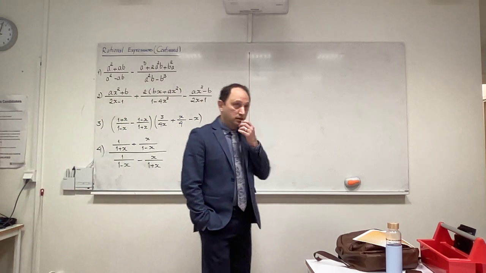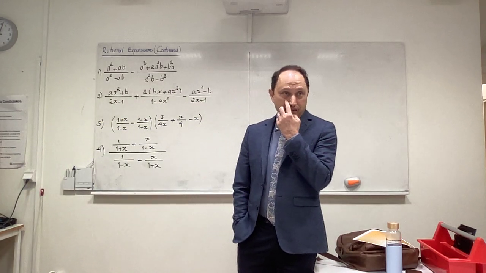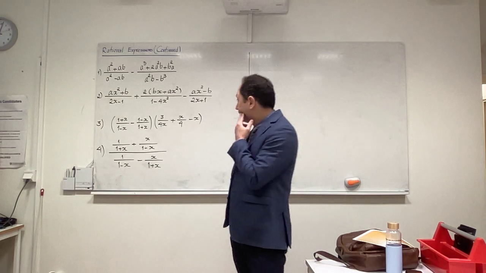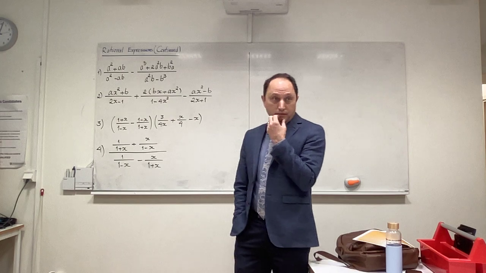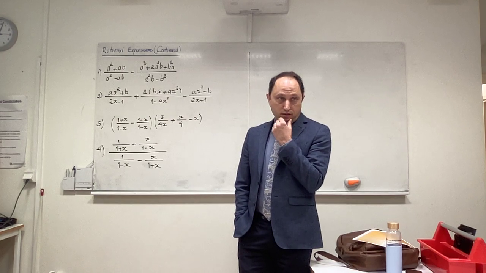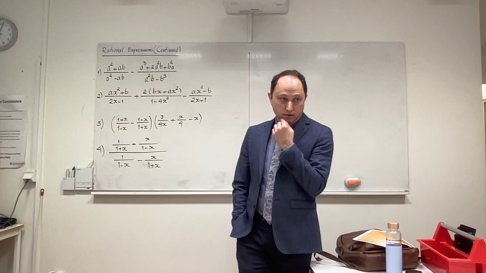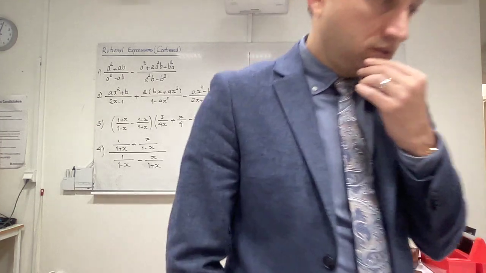I processed the middle denominator so that it became 1 plus 2x and 1 minus 2x. Yes. And then I took that number and multiplied the whole bunch with it. Yes, all the numbers.